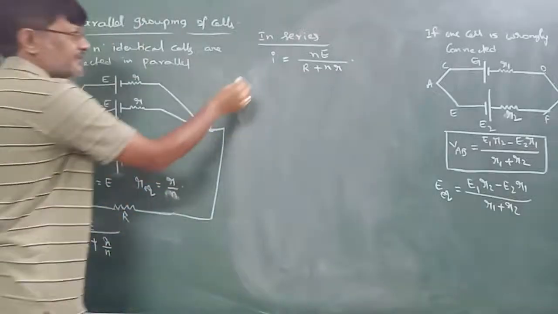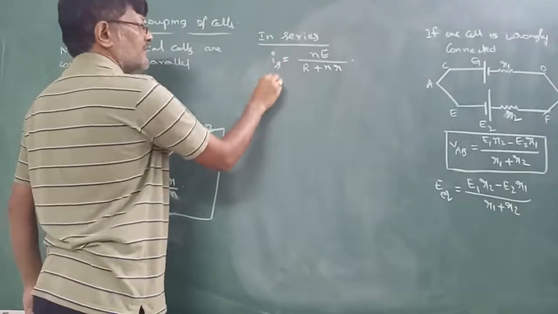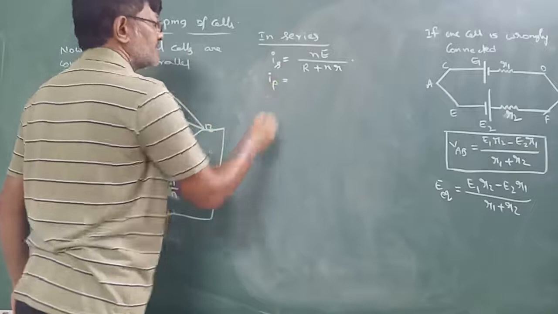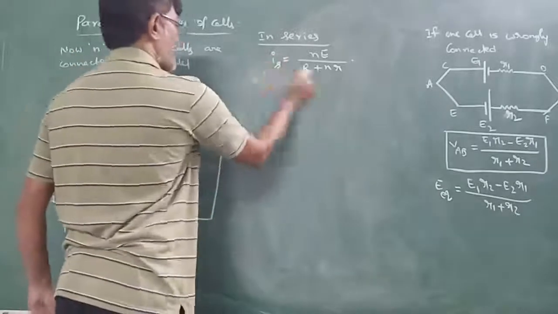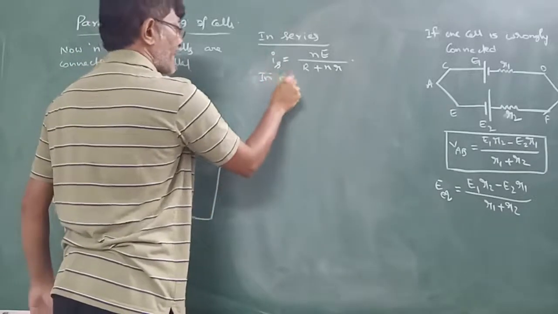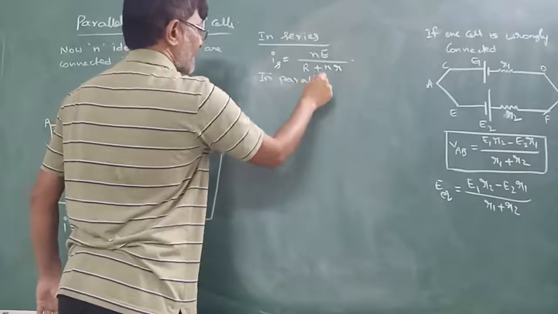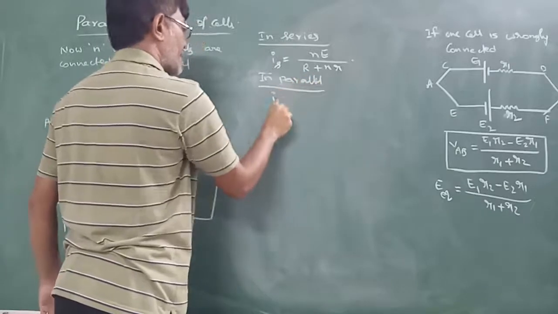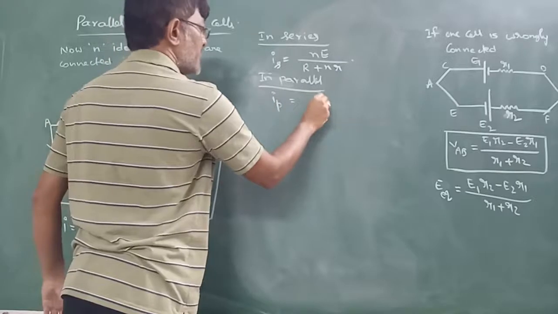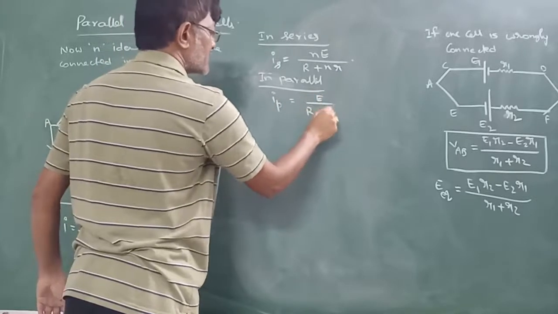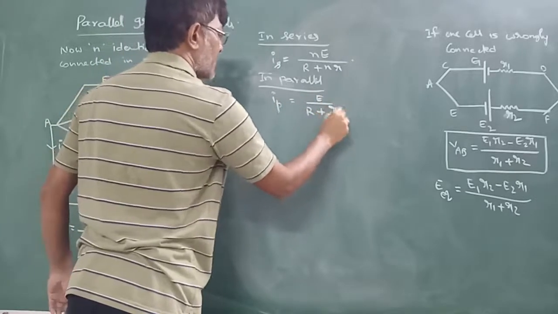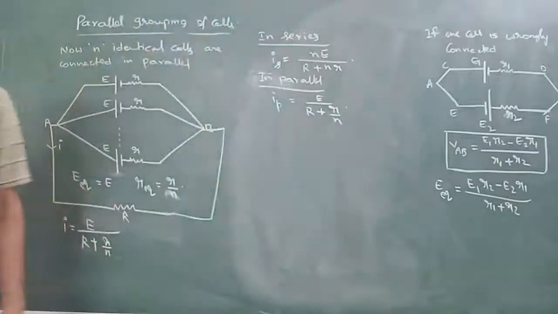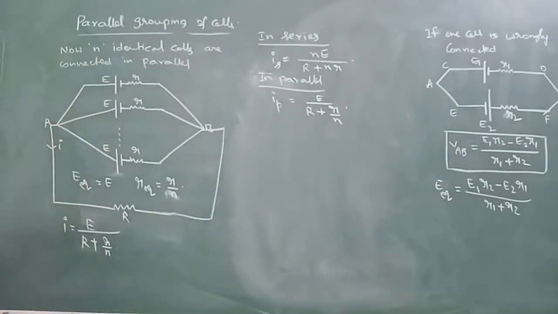This is current in series grouping. Current in parallel grouping is E by R plus r by n. Now, which combination is better for getting maximum current?